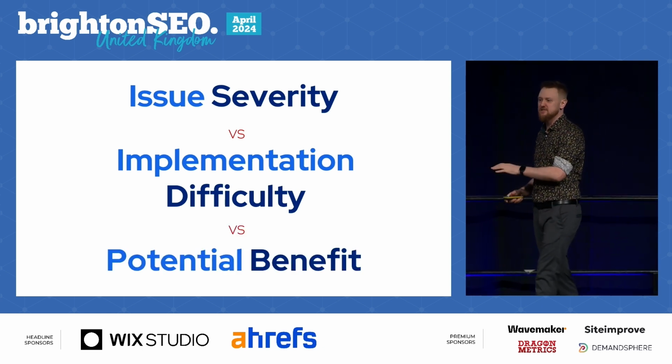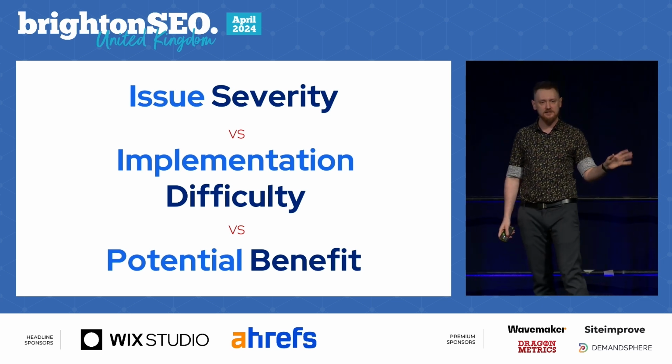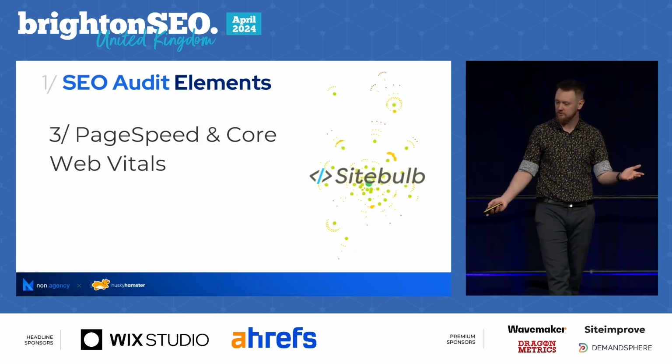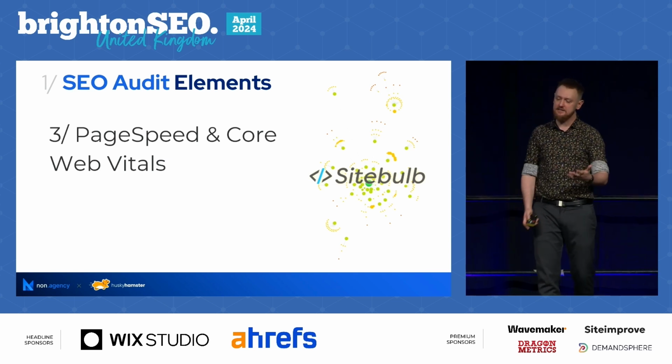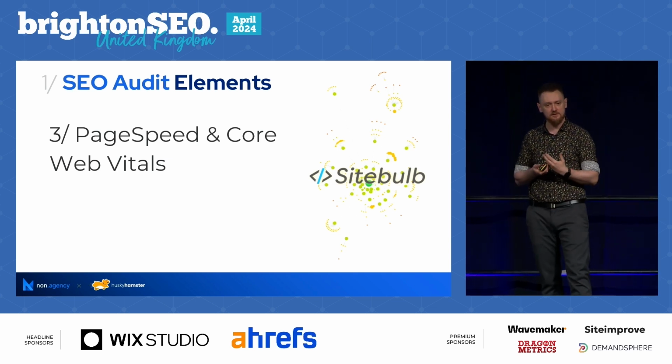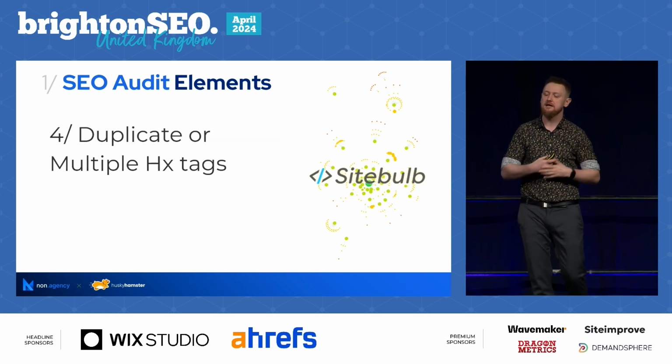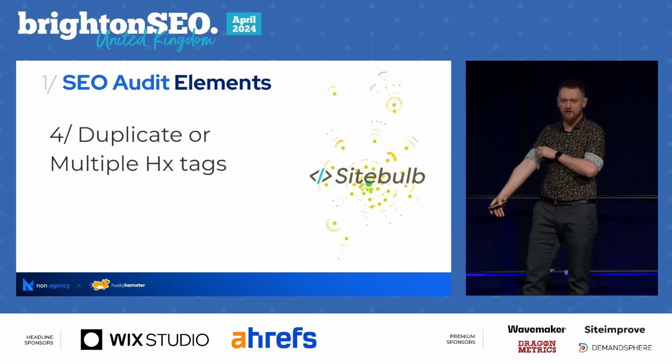Since in this case, there were something like 1,000 images without alt tags, we decided that it was just worth doing. The next element was page speed and Core Web Vitals, another one that arguably isn't giving you great results. However, it was worth implementing. You know how it goes.